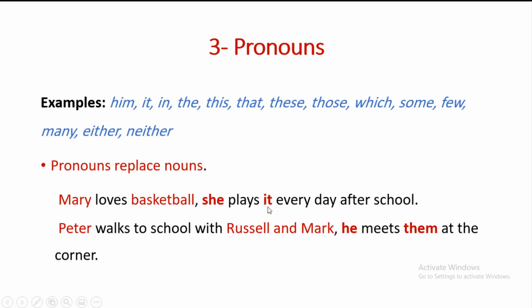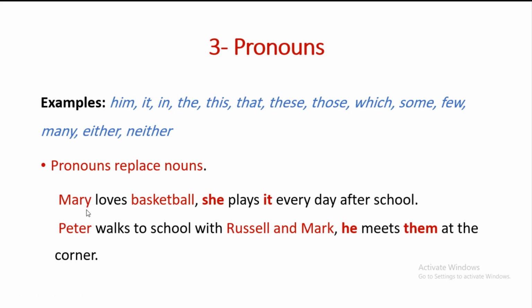All right? So instead of repeating Mary and sounding redundant or repetitive, we will use the pronoun instead of the noun once we refer to it the next time. So we first mention the noun, and then when we refer to it again, in the coming part of the sentence or in the next phrase, we will use the pronoun instead of using the noun again.